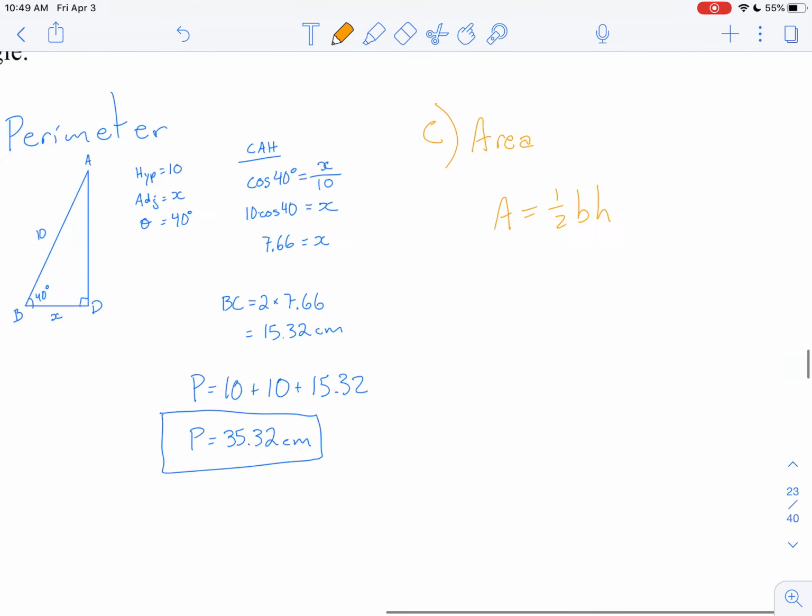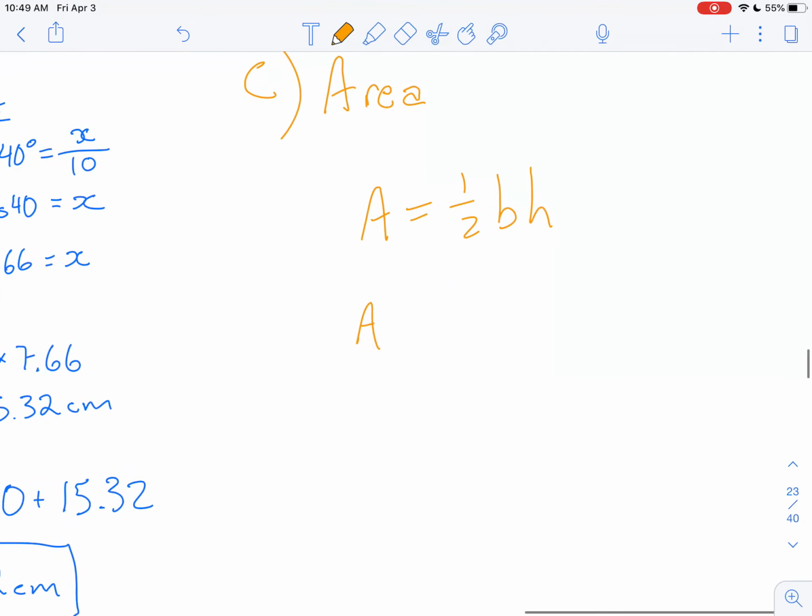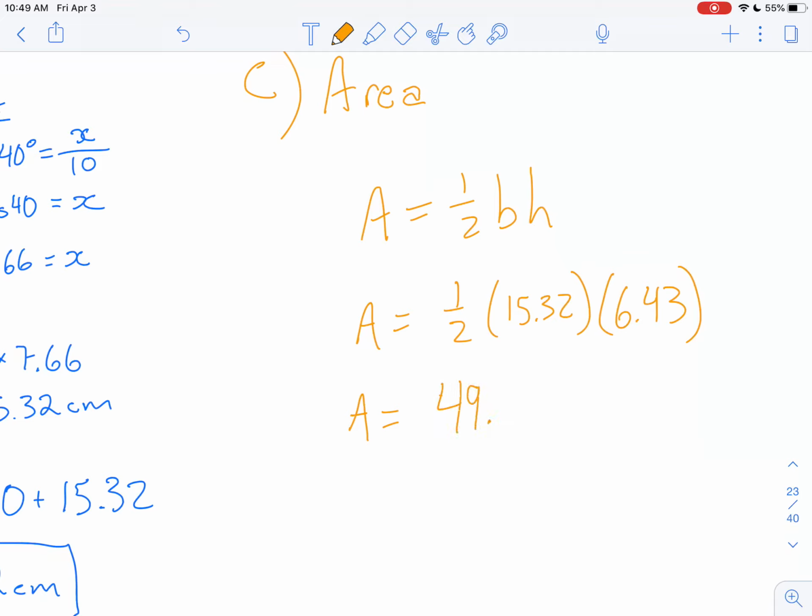So area is equal to 1/2 times the base, which is 15.32, times the height, which was 6.43, to get the total measurement of 49.25.